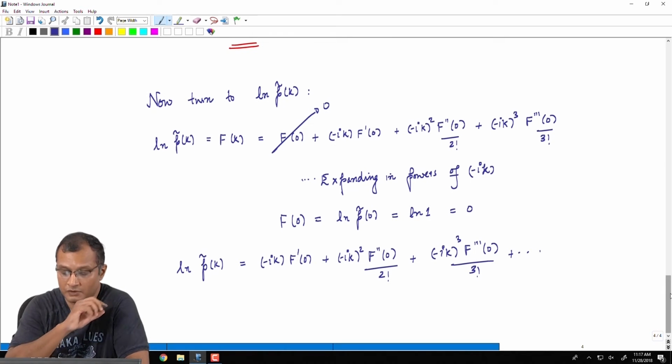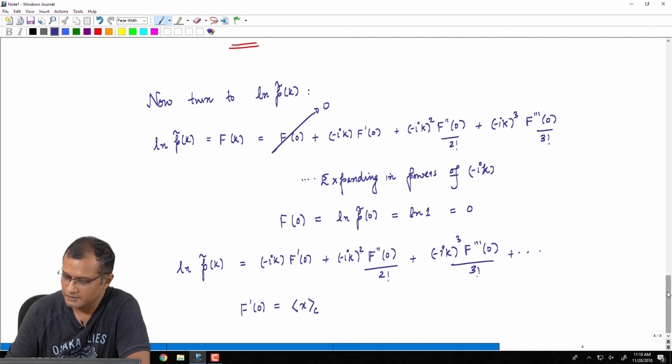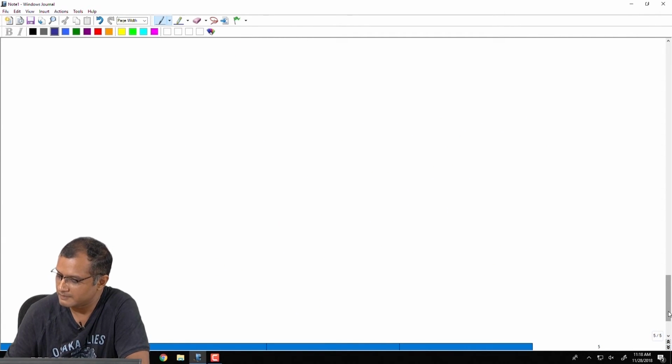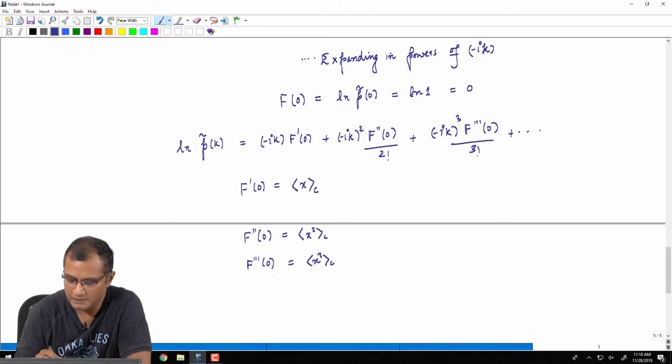So, let's denote these coefficients as cumulants. At this stage they are just variables to you because I have not really defined physically what a cumulant is. F prime is the first cumulant, F double prime is the second cumulant, F triple prime the third cumulant, and so on. So, the nth derivative at 0 would be nothing but the nth cumulant.